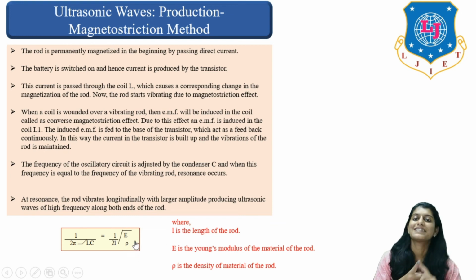Here L is the length of the rod, E is Young's modulus of the material which forms the rod, and rho is the density of the material of which the rod has been made. This is how we produce ultrasonic waves by this method.